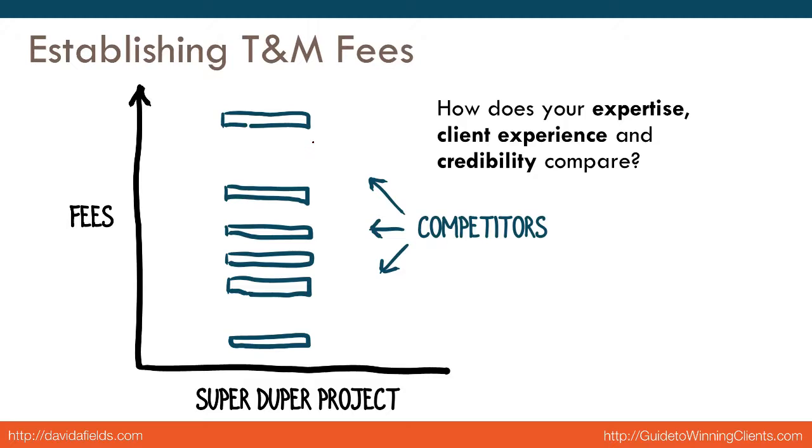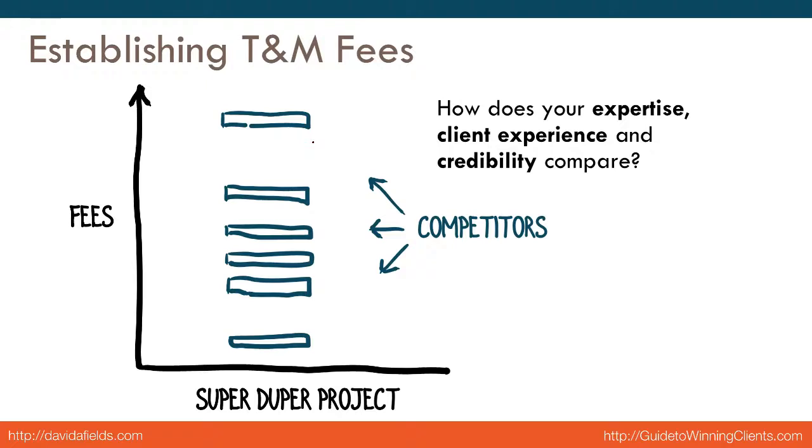The more credible you are, the higher you can charge relative to competitors. It's really about credibility. And it's not about what you think of your own experience. It's about what the client thinks and how credible that makes you. And time and materials pricing is really as simple as that. Look at the market, compare your credibility, your client experience, your expertise to the market.